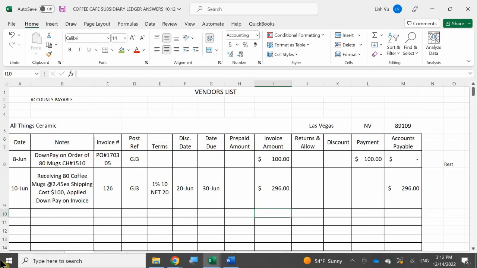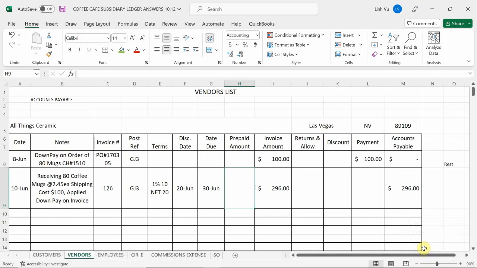That's where I can use the prepayment amount, that down payment. So in this case, I'm going to fill in that I applied my down payment to this bill for $100.